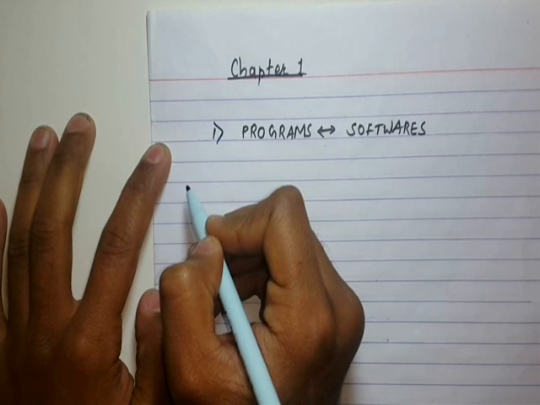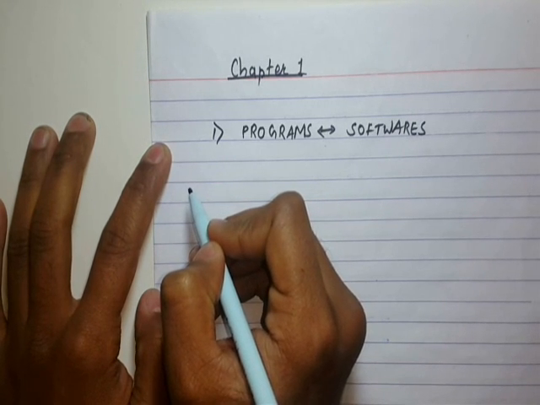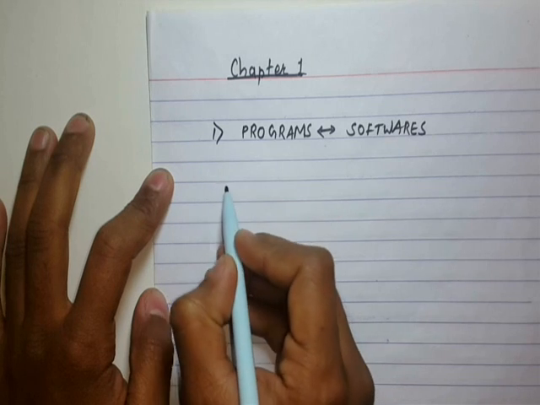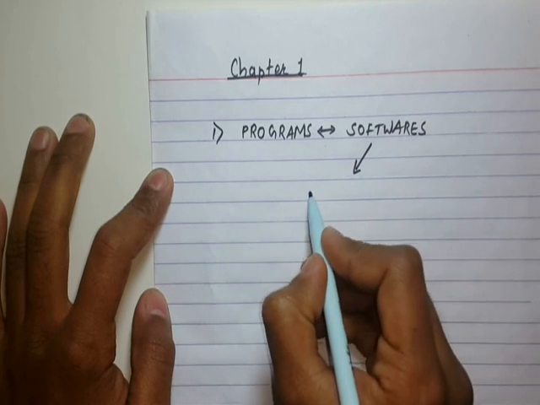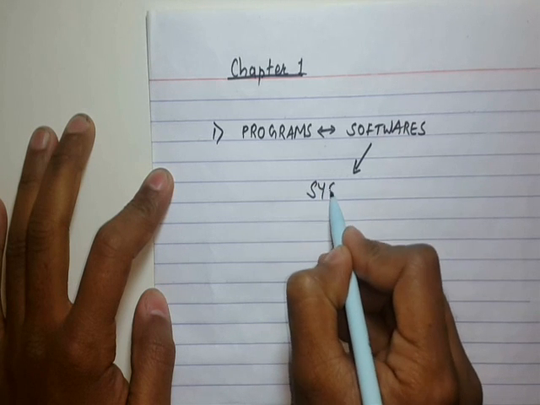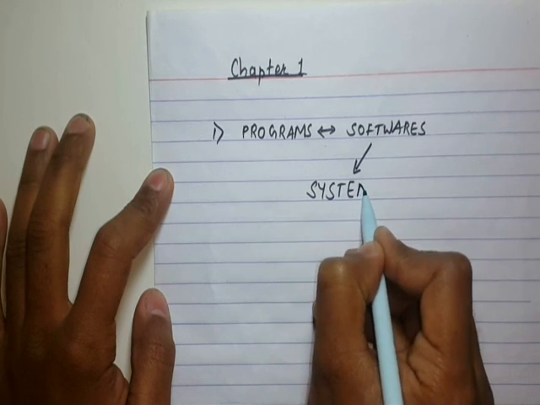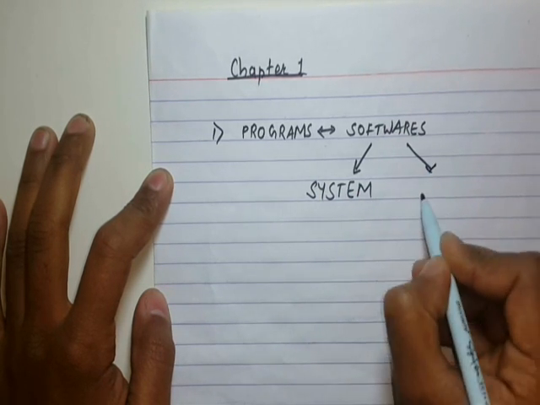So in this lecture we discussed some basic differences between programs and software, and then under them we discussed the types of software: system and application software.